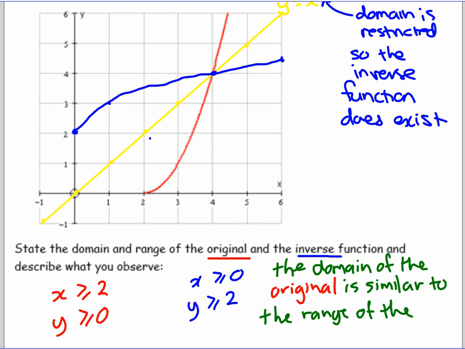I'm running out of space a bit, so I'll just say and vice versa.